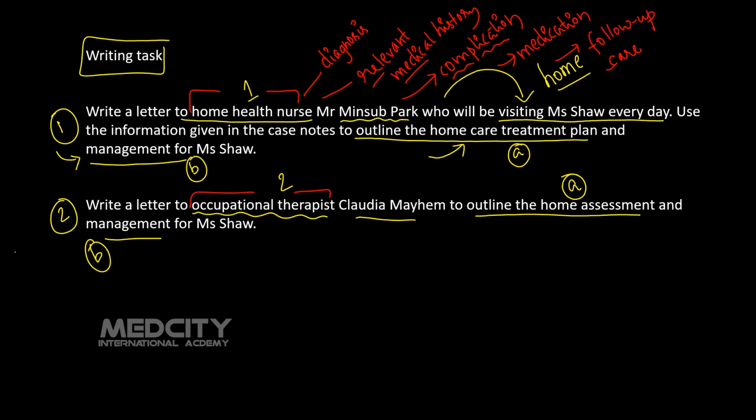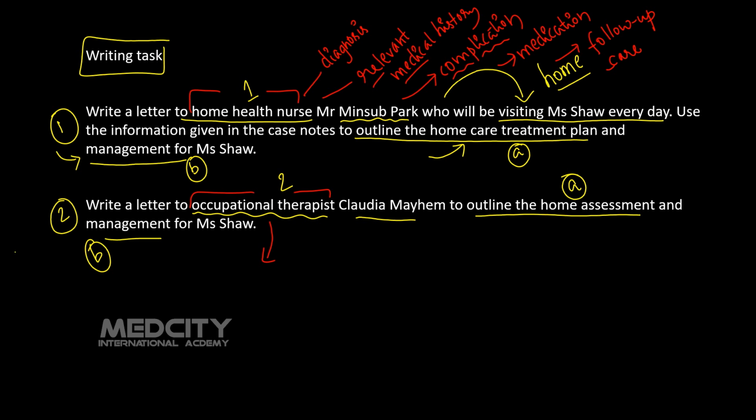But as an occupational therapist, what would I be looking out for? Now I'm thinking from the side of the reader of my letter. What will my recipients expect from the letter? So if I'm writing to the occupational therapist, my occupational therapist will definitely expect these roles and responsibilities, or this information, to be included in the letter to this particular therapist.